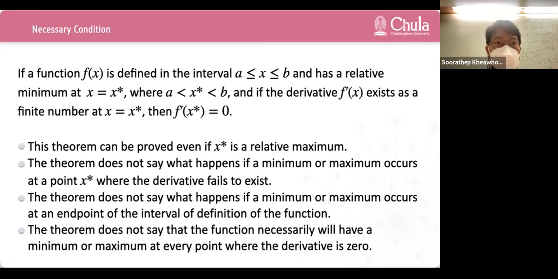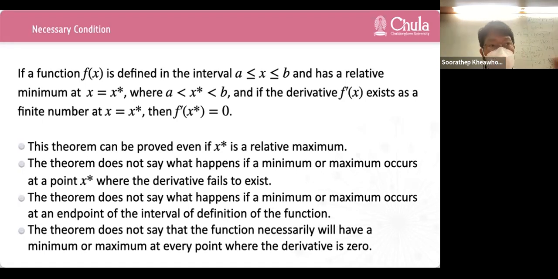Also, minimum or maximum, it's necessary to have f prime, or derivative, at that point 0. Okay, but the theorem doesn't say what happens if minimum or maximum occurs at a point x star where the derivative fails to exist.